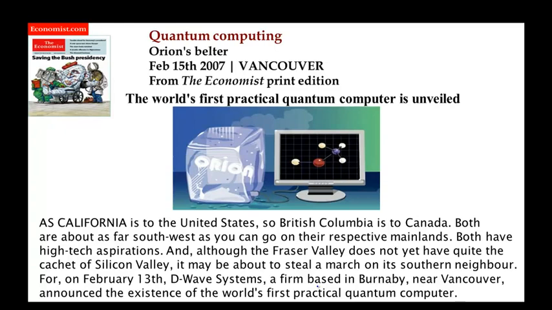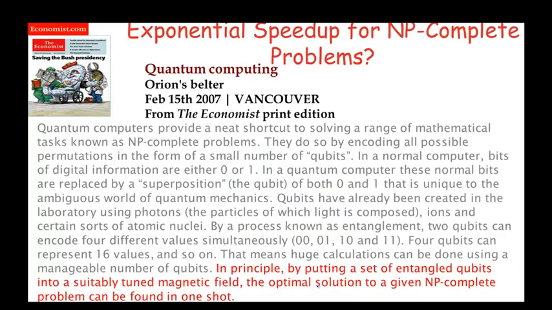It talked about how British Columbia was going to become the new Silicon Valley, and the Economist article was of course extremely over enthusiastic. So I'll try to put it in perspective.